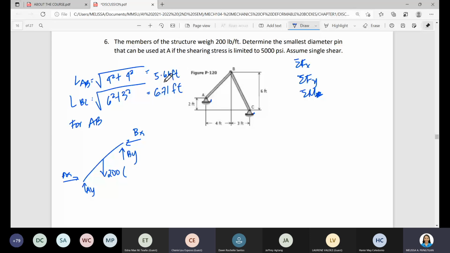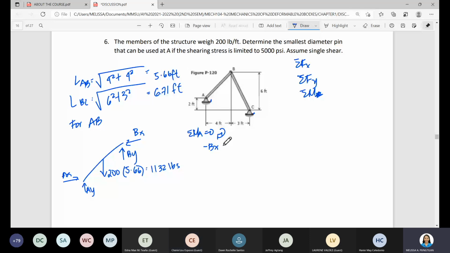Okay. So, let's take the summation of moment at A is equal to 0. Clockwise positive. So we have negative Bx. This one is 4 feet and this one is 4 feet. Negative Bx, moment arm is 4. Minus By, moment arm is 4 also.